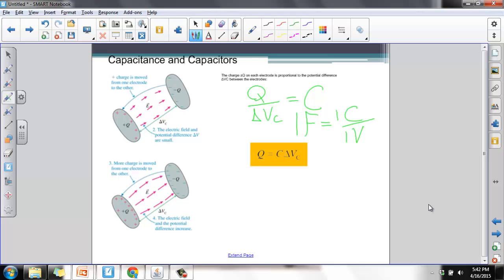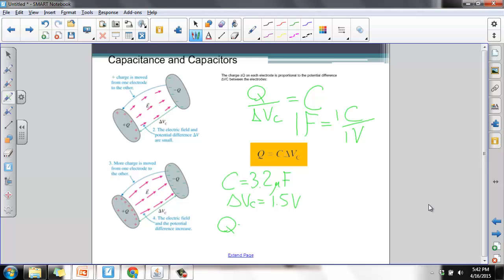Let's do a simple calculation. Let's see how much charge a 3.2 microfarad capacitor could store if you had a potential difference, delta VC, of 1.5 volts. Well, we use our equation.